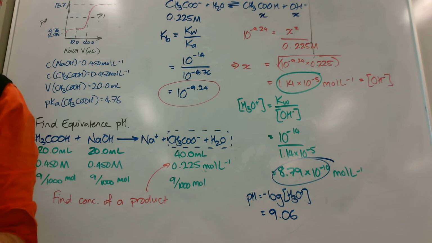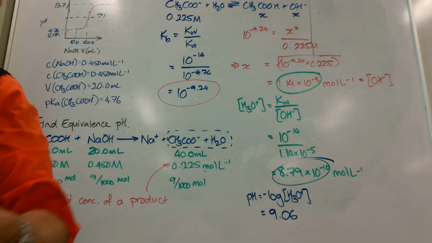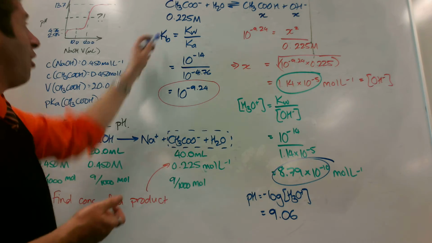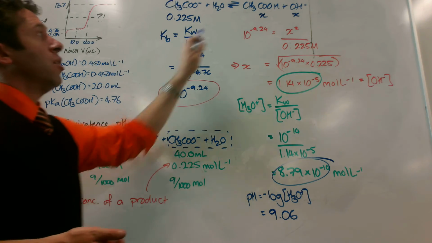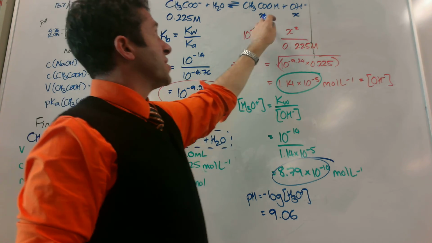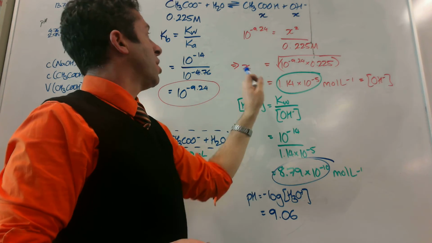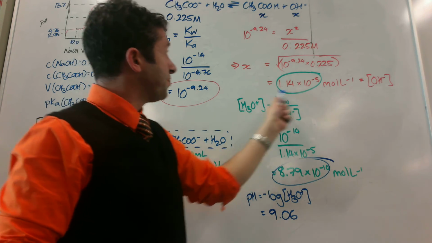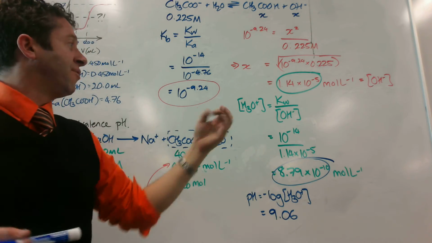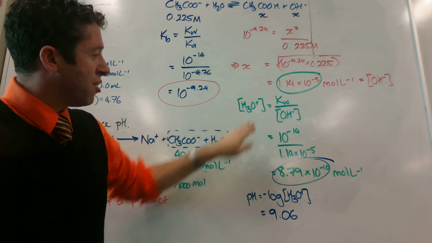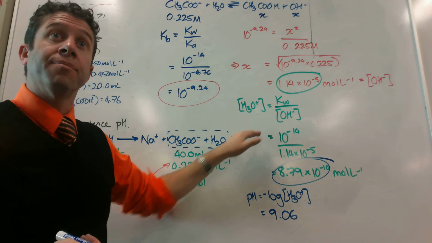There's going to be a couple of steps that involve Kw to find things out. So find your Kb, write your Kb expression with this assumption, solve for hydroxide. Then your final step is to solve for hydronium, which will give you your pH.